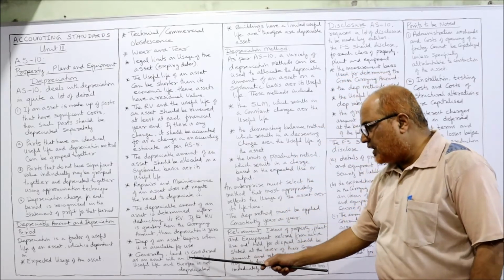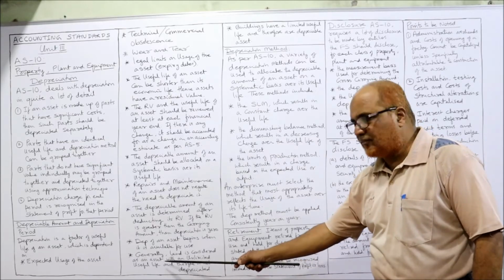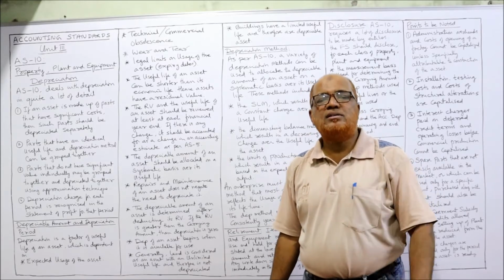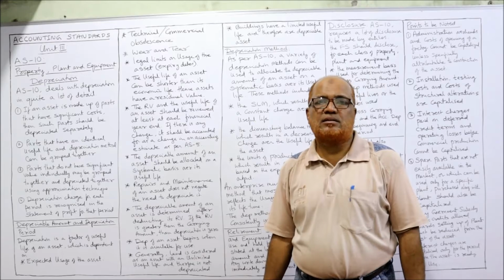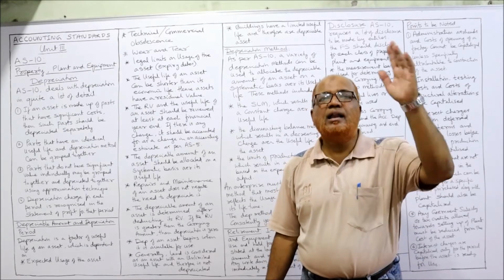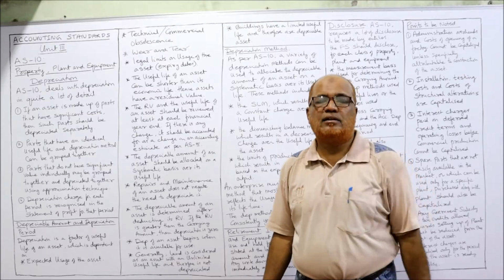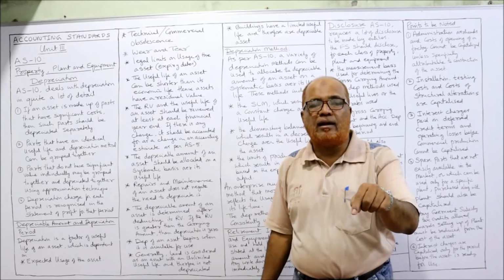Next, generally land is considered as an asset with an unlimited useful life and therefore is not depreciated. In simple words, we can say land is a non-depreciable asset. Its life is unlimited. There is no limit on the life of the land. So that's why normally no depreciation will be provided on land.